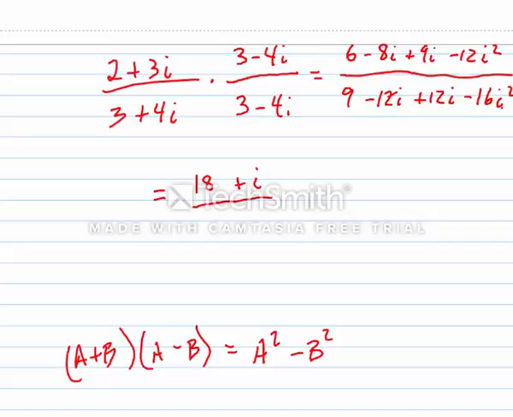Minus 16i squared. i squared is minus 1, so that's 16. So we get 25 in the denominator. And notice there's no i's in the denominator. So that can be written as 18 over 25 plus 1 over 25 i, and that's in the form of a plus bi, an imaginary number.